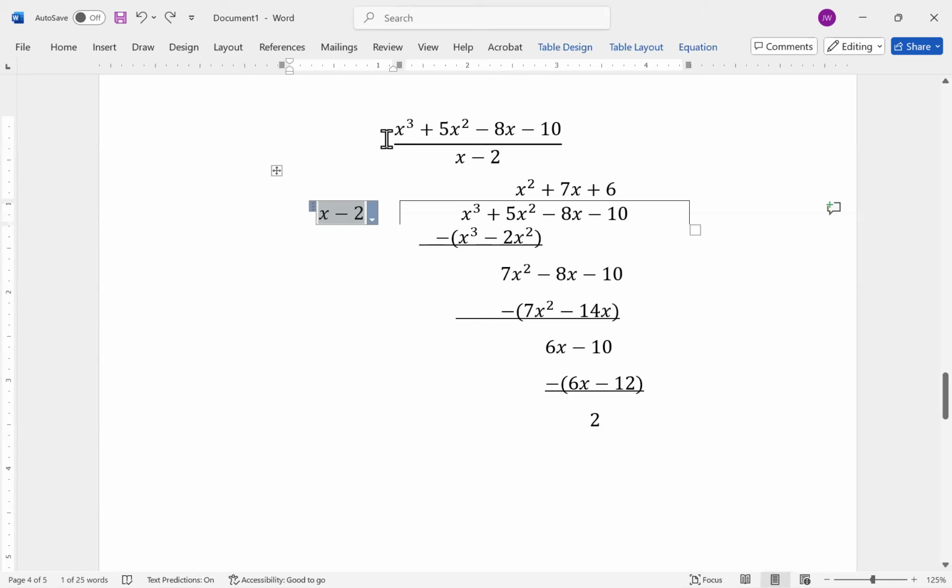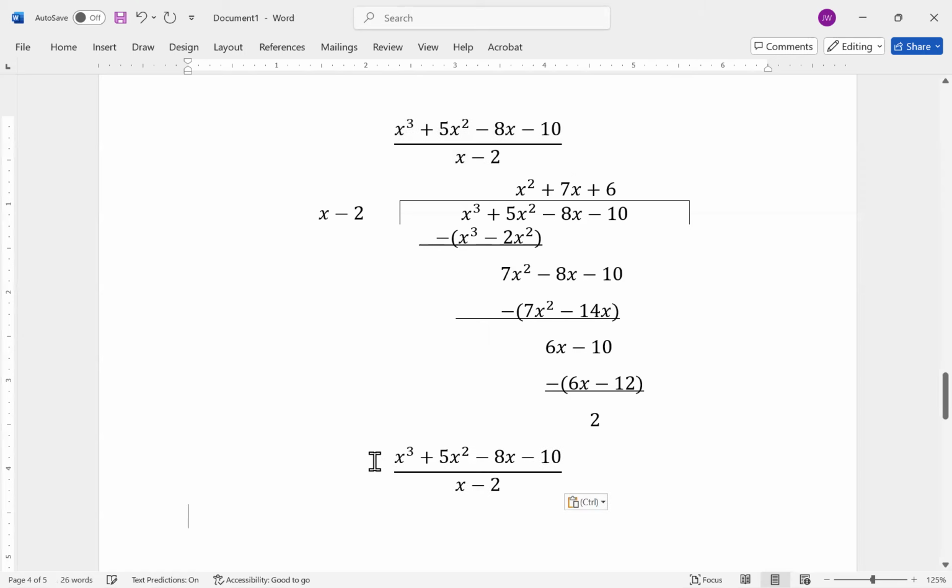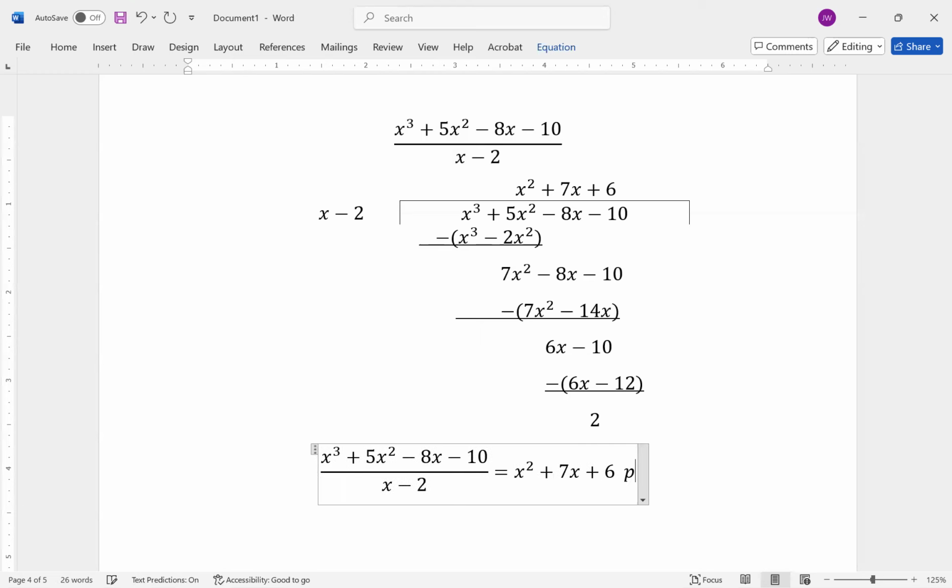And so what this means is that this fraction is actually equal to x squared plus 7x plus 6 plus remainder of 2.